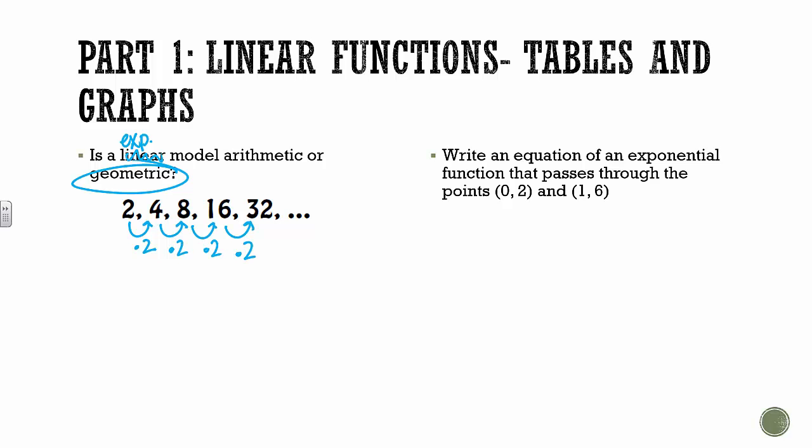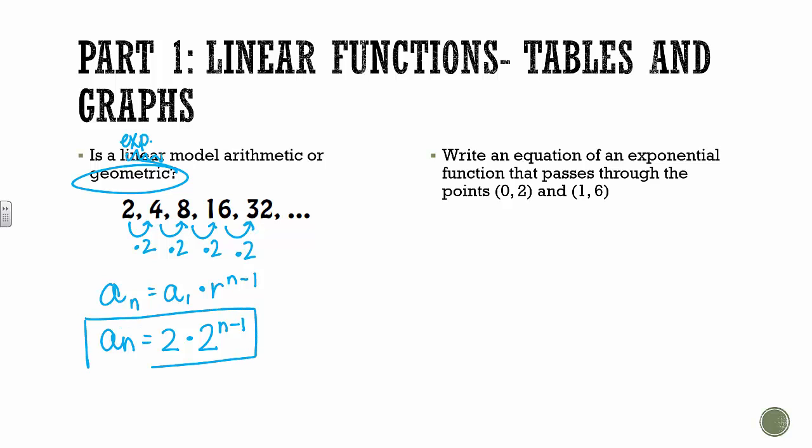So for this one, we can write a sequence. A sub n equals our first term times our ratio to the n minus 1 power. And when you plug this in, you end up with our first term is 2, our common ratio is also 2 to the n minus 1. Now remember, you could simplify this, but we're not going to, so just leave it like that.